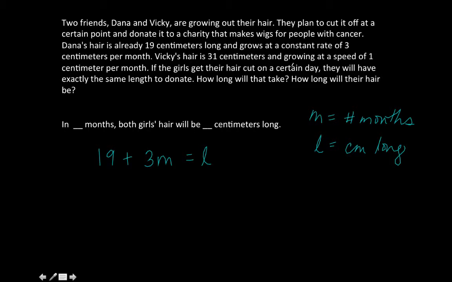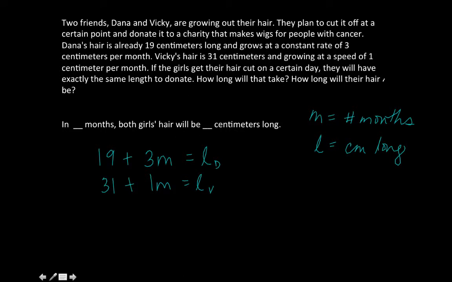Vicky's hair is 31 centimeters, so I'm going to put a little D just for us to remember that that's for Dana. Vicky's hair is 31 centimeters and growing at a speed of 1 centimeter per month, so it's only adding 1 for every month. And that's the length for Vicky.